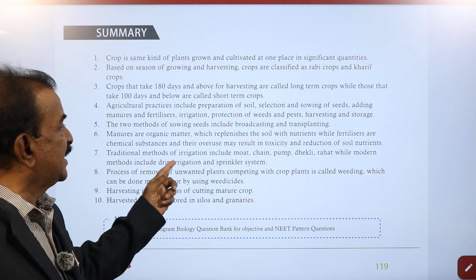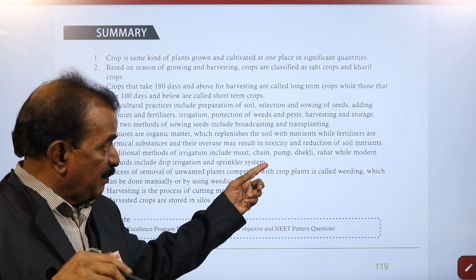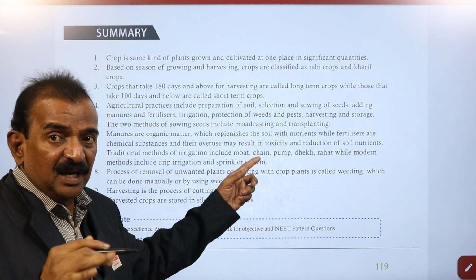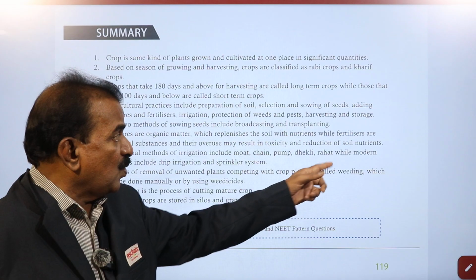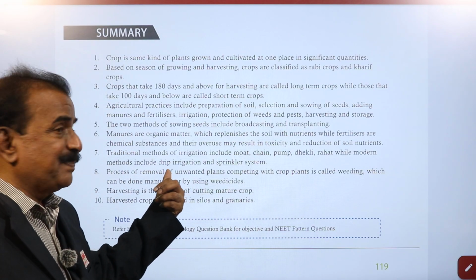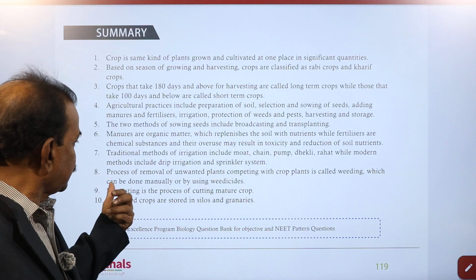And traditional methods of irrigation include motor, chain pump. The chain pump is a method of sending water, and the rahat, while modern methods include drip irrigation and sprinkler irrigation. So these are all irrigation techniques.